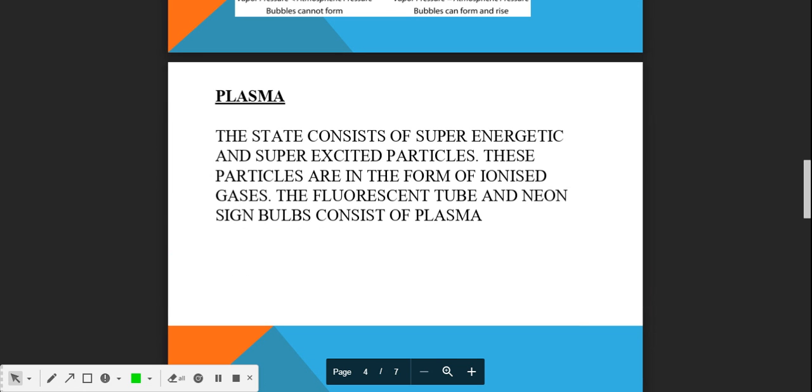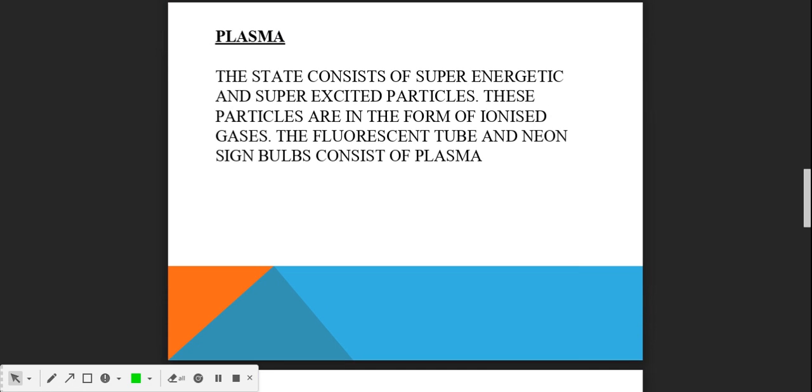Understood? So going to the next topic, I have already told you I'm going to discuss the two states of matter at last. But these are quite important states of matter. We won't include them in our CBSE syllabus, and there is not much in the NCERT as well. But I'm going to explain it to you. Plasma. What do you mean by plasma? Plasma basically is super energetic and super excited particles.